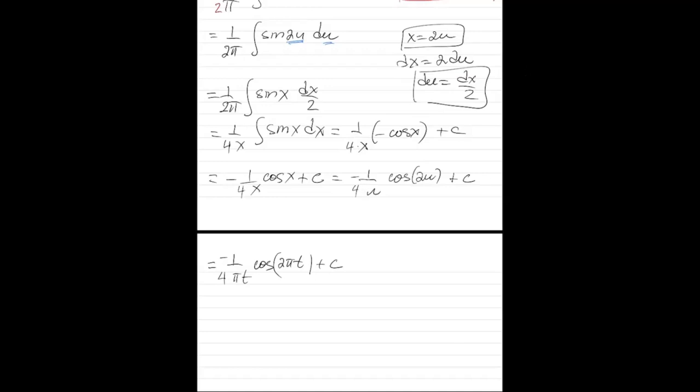Okay, the second method involves a different substitution. So we have the integral of sine pi t cosine pi t dt. But the substitution here is going to be u equals sine pi t. That may be easier.